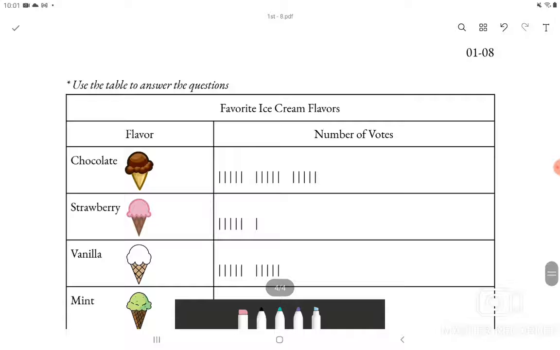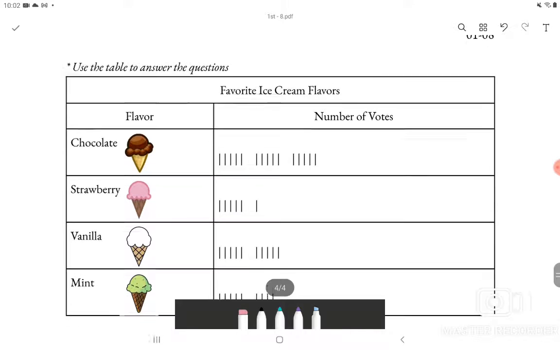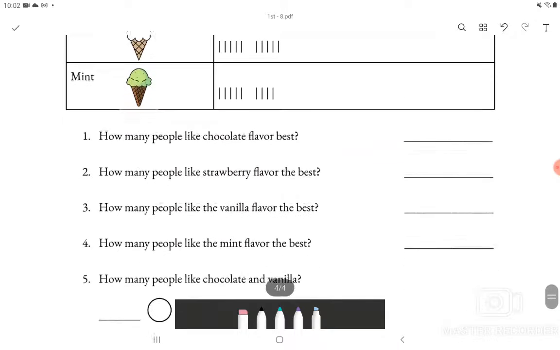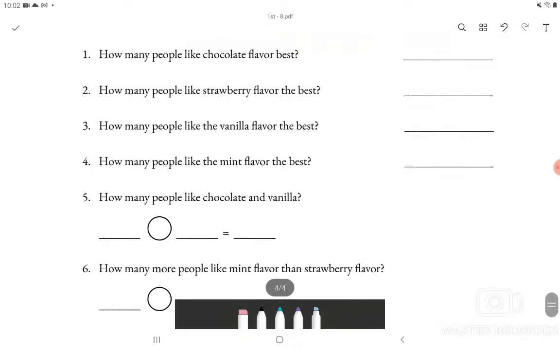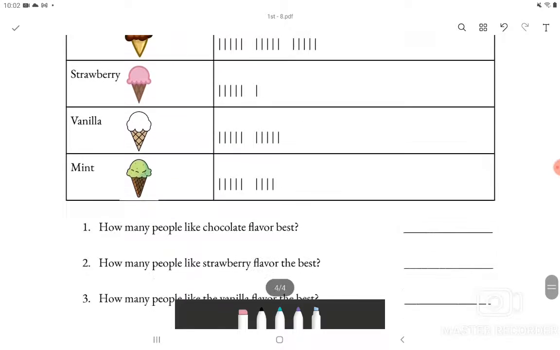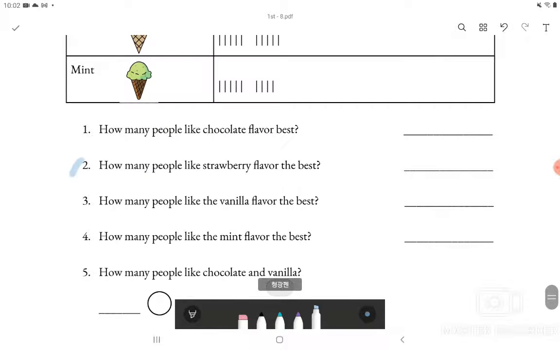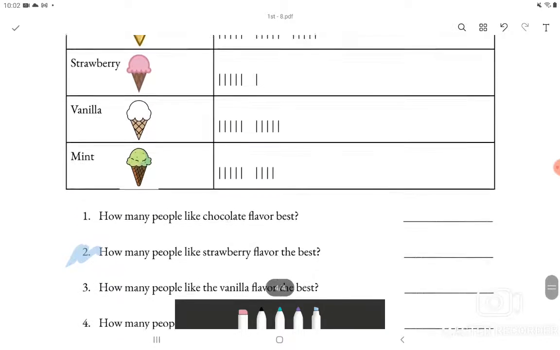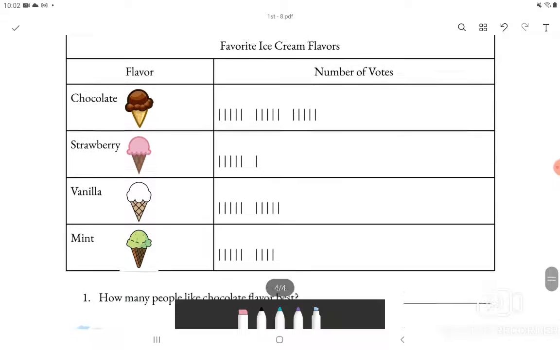And this is the last section of this worksheet. And you'll be using the table to solve all the questions from number 1 to 7. So I'll be doing number 2 and number 5. So for number 2, it asks how many people like strawberry flavor the best.